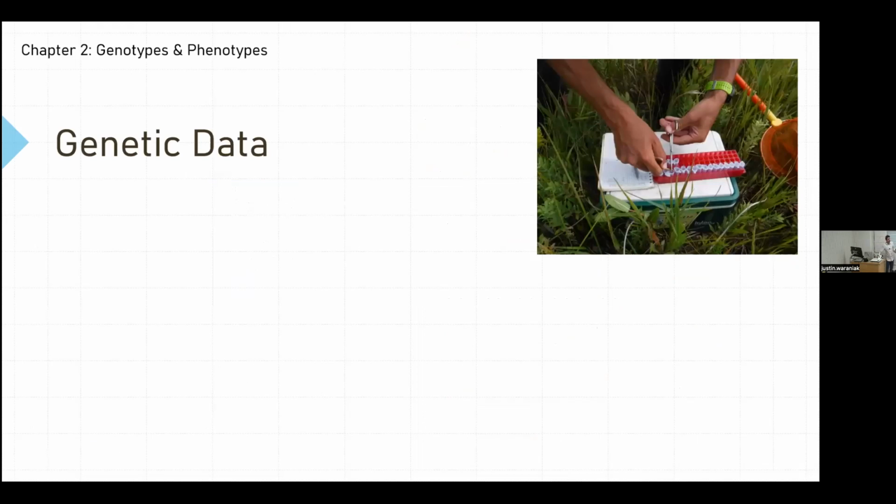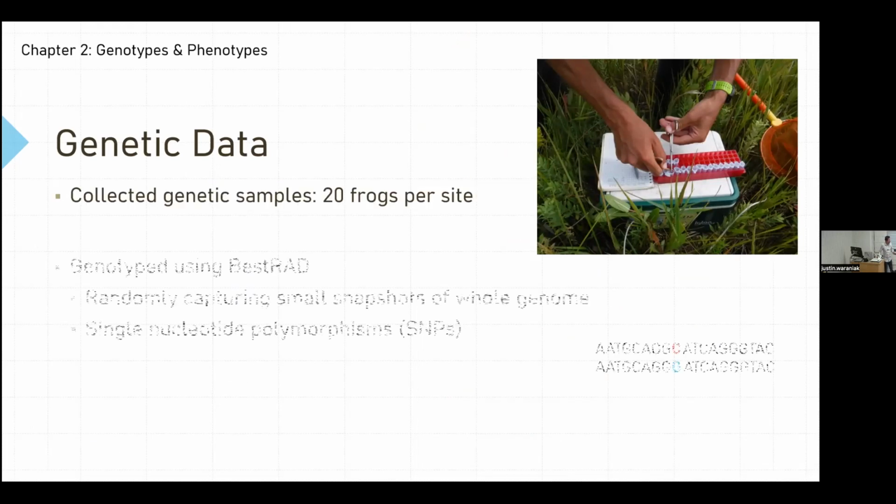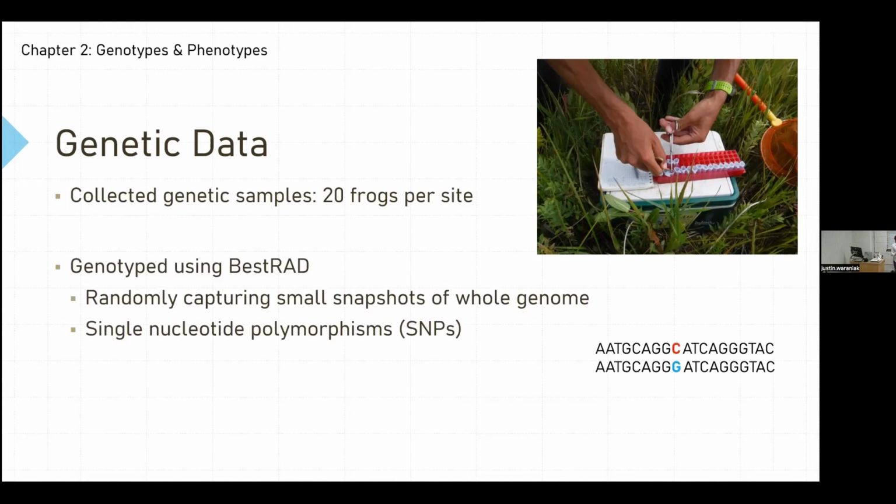And this genetic data is based on RADseq data. So this is going to be how we collected genetic data for the next 2 chapters going forward as well. We collected genetic samples from 20 frogs per site. They're genotyped using BestRAD. What this approach does, it takes little snapshots of random spots across the whole genome. We're looking for these single nucleotide polymorphisms, or SNPs.